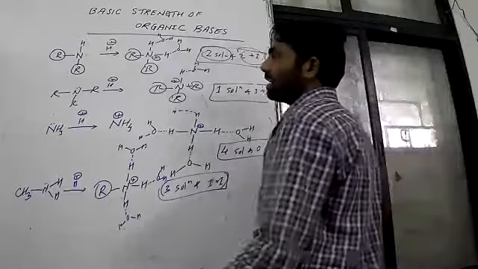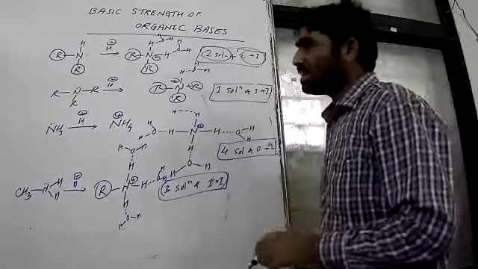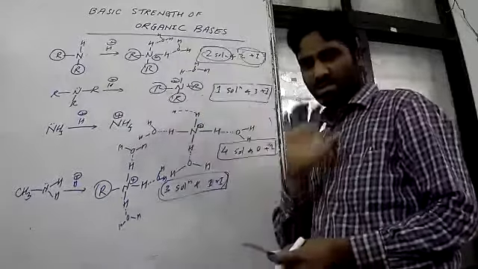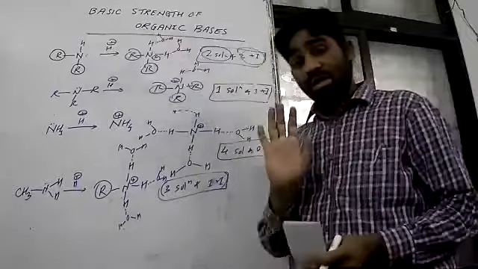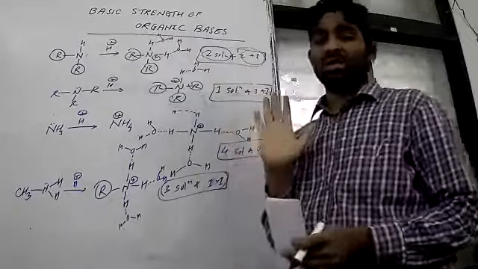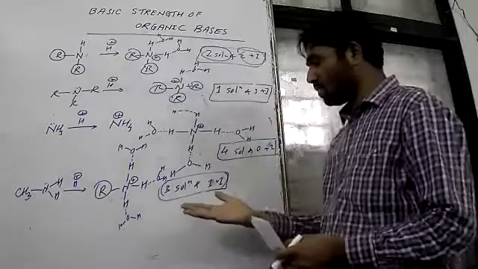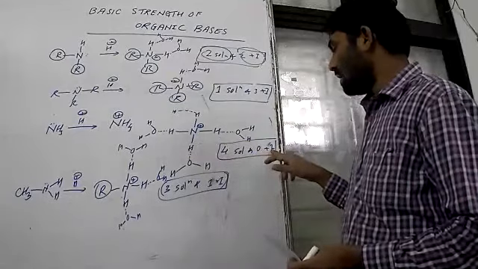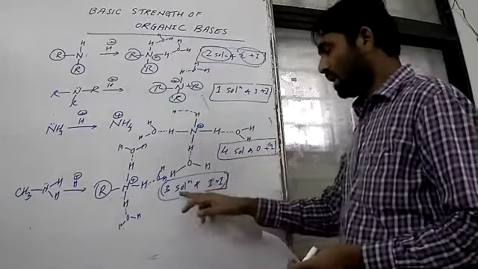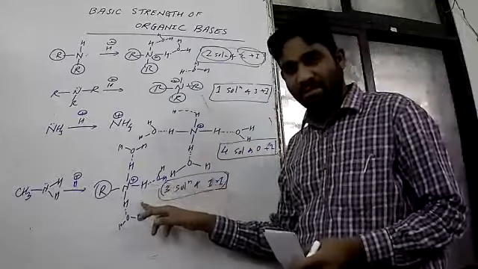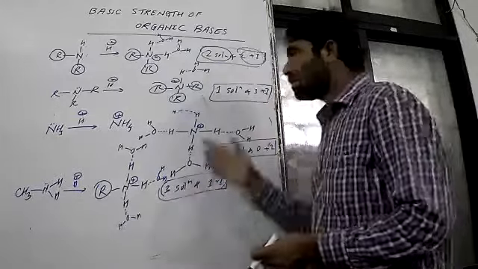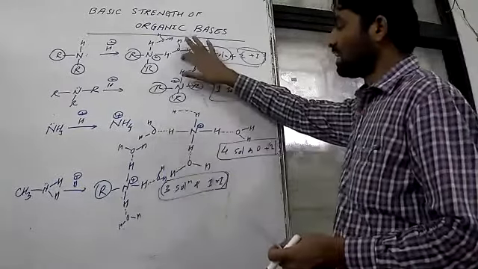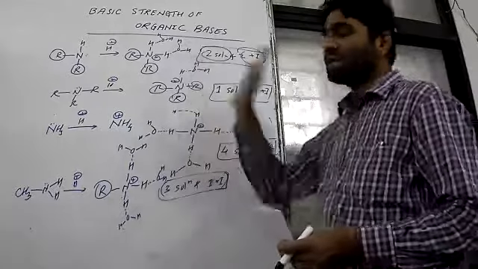Therefore, it is considered that in water, secondary amine is the strongest base. That's all. In water, only in water, secondary amine is the strongest base, followed by what? Then primary amine has four solvation and no plus I, and tertiary amine has three... it has both effects. So first will be the strongest secondary amine, then primary amine, then tertiary amine, and then ammonia.